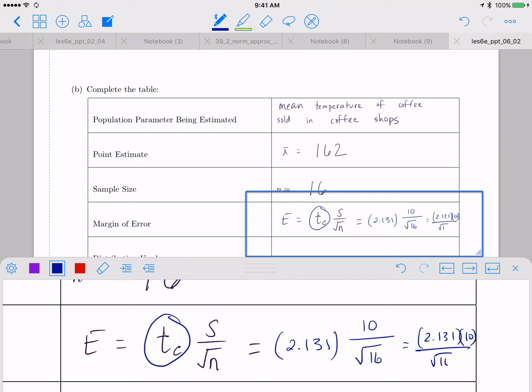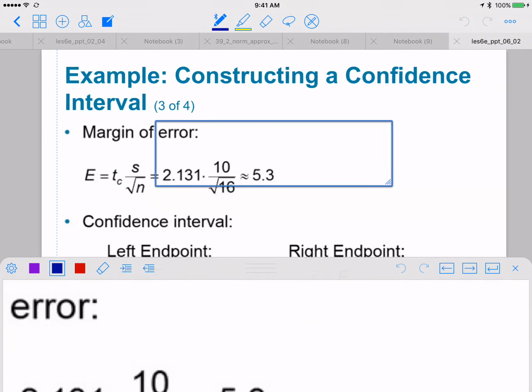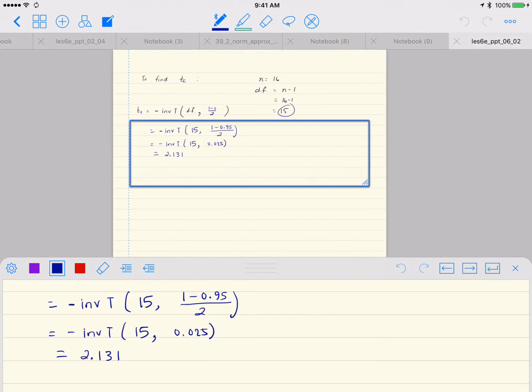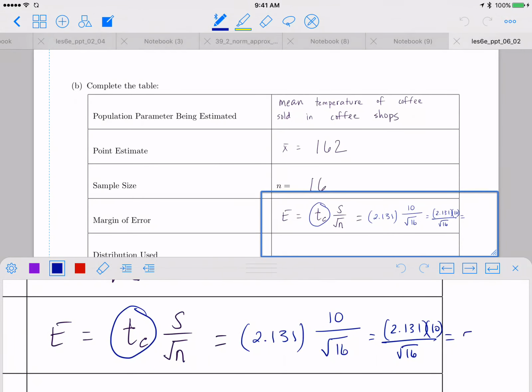And that is going to be about 5 point something. What do we get? About 5.3. Okay, say 5.3 is our margin of error.